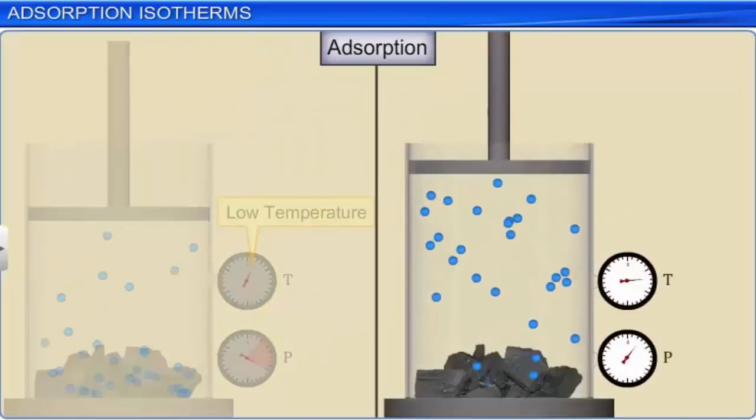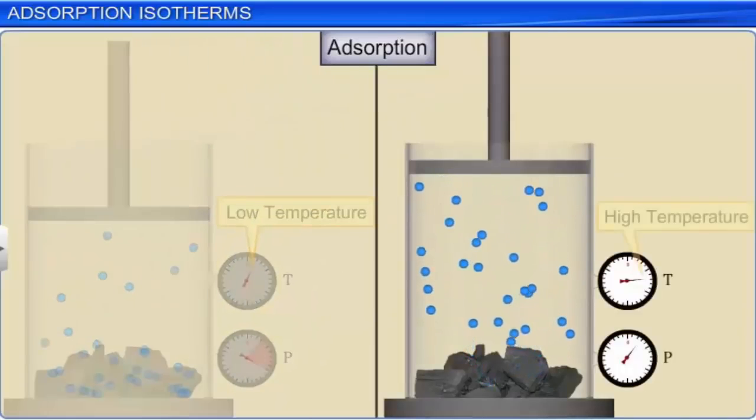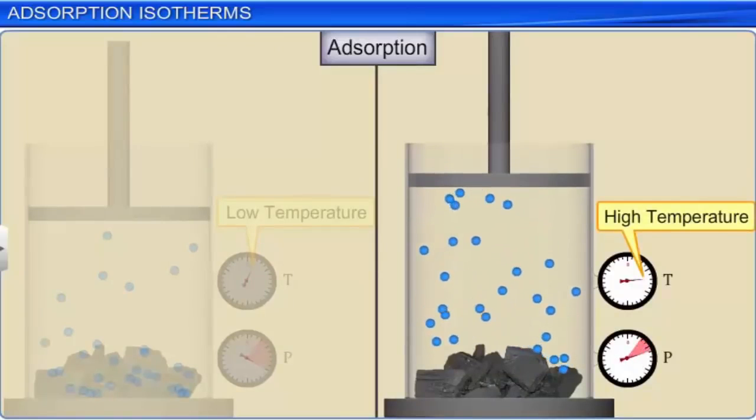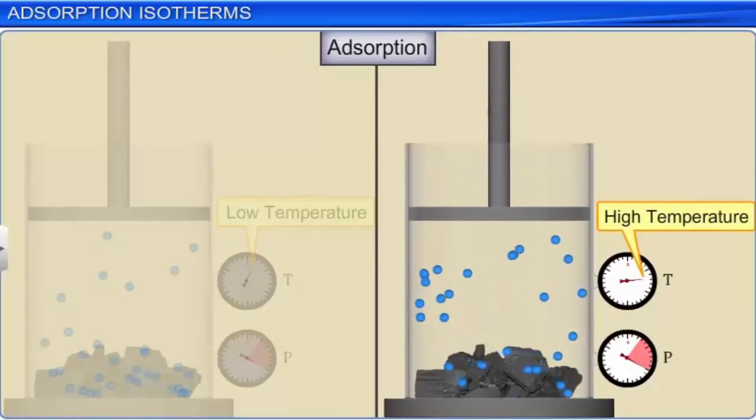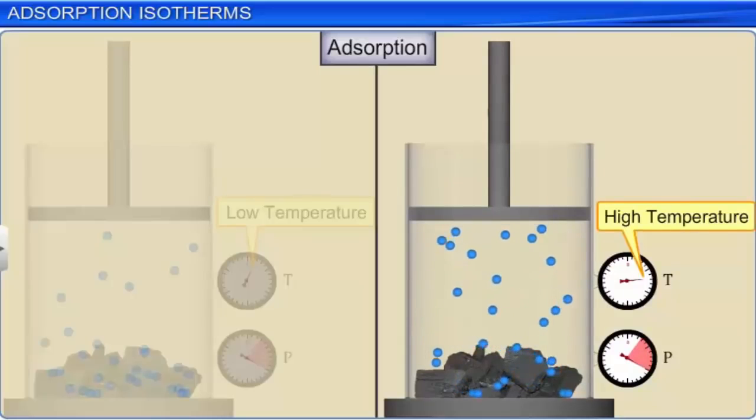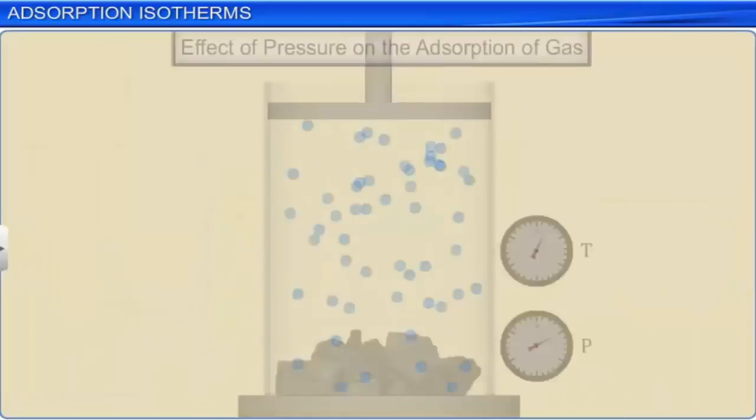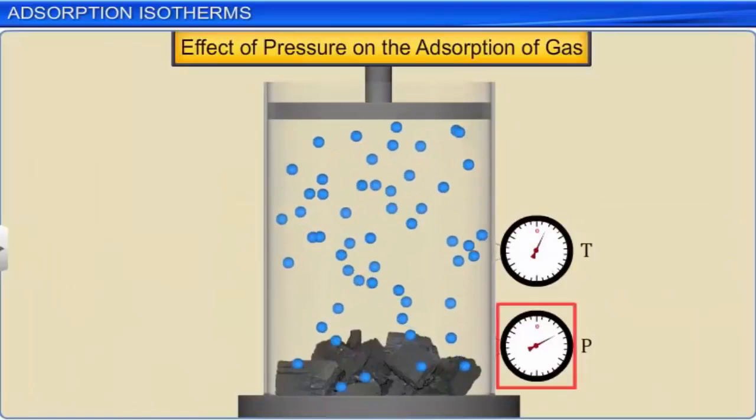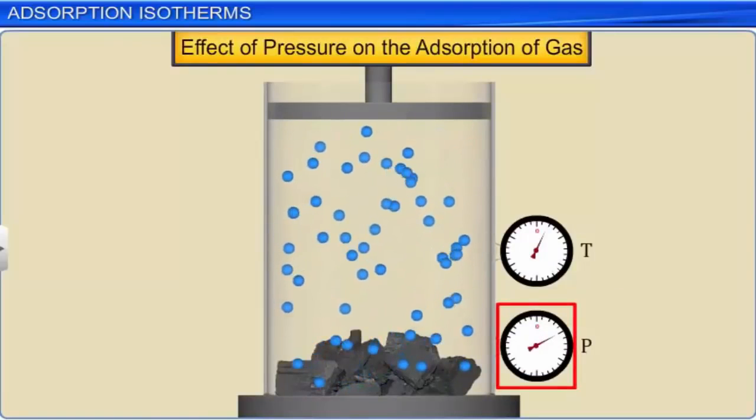On the other hand, at high temperatures, the increase in adsorption is relatively less. Let us learn more about the effect of pressure on the adsorption of a gas at a particular temperature.